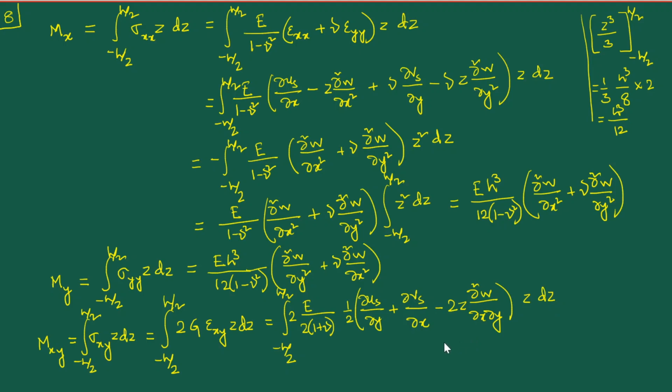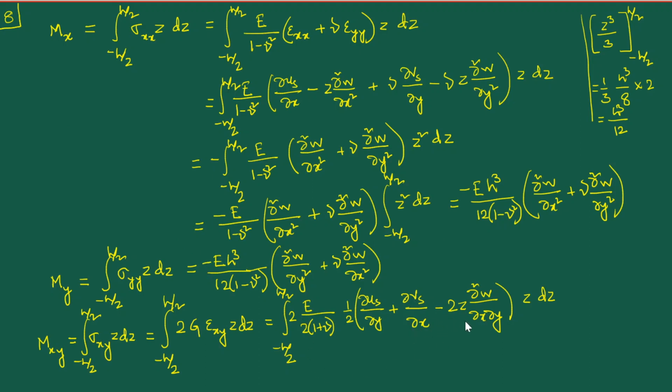with respect to z. So you see, just like we had in the case of the Mx, this term over here and this term over here are multiplied by the z, so they eventually contribute to odd functions. So this integration from minus h by 2 to h by 2 makes their contributions vanish. Oh by the way, I think I missed a minus here, so bad mistake. It should come with a minus because I had a minus over here. In a similar fashion I will have a minus over here.